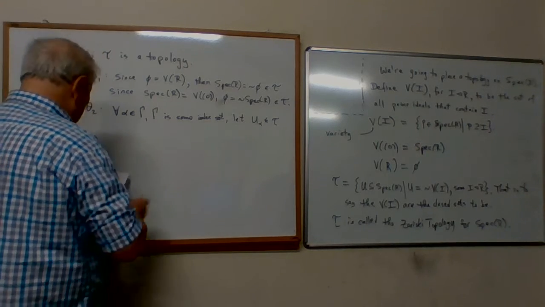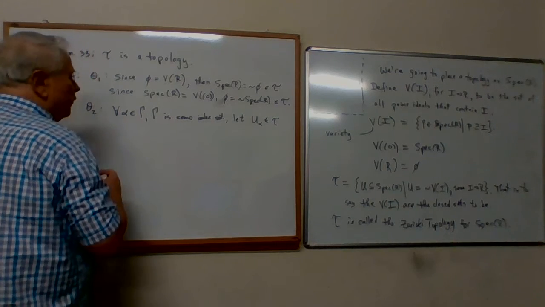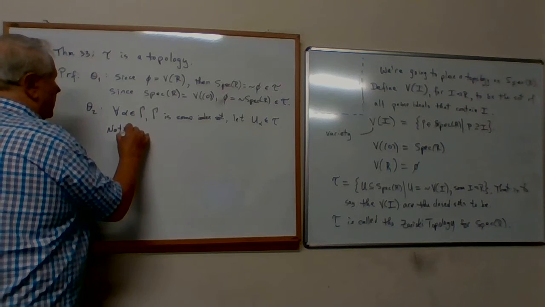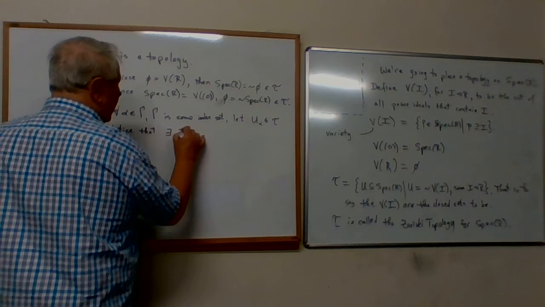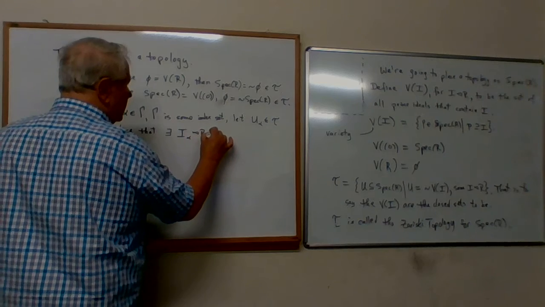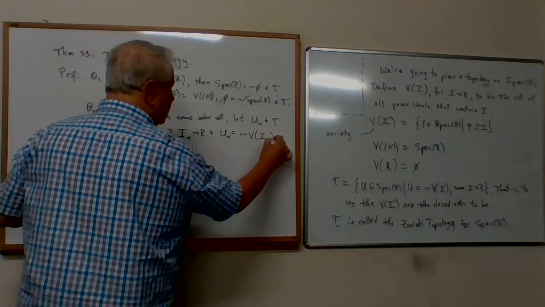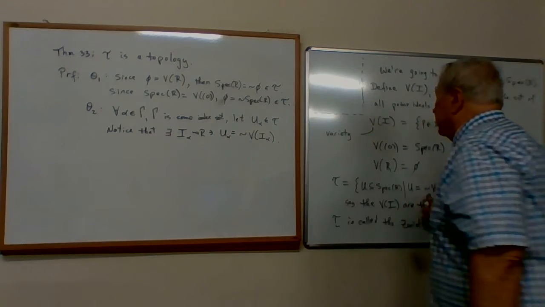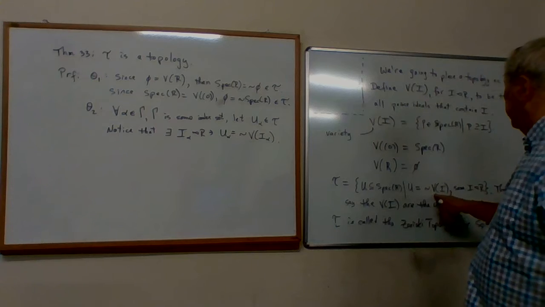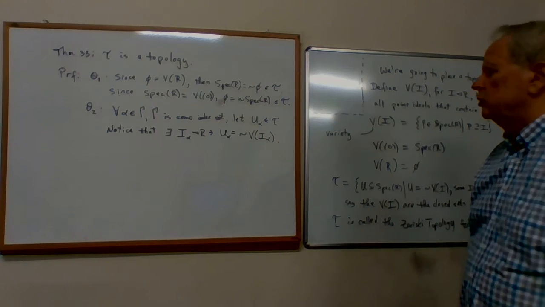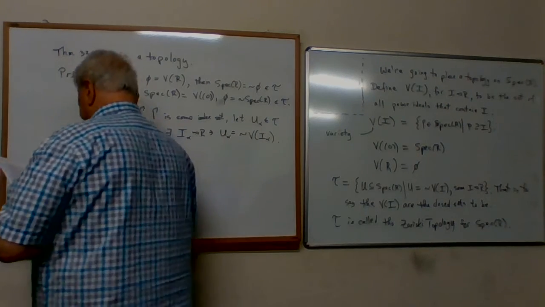How do I get the union of all of those to be in tau? Well, first of all, notice that there exist I sub alpha ideals of R such that U sub alpha is the complement of V of I sub alpha. That's exactly the definition. For each one of the U sub alphas, there's some ideal such that the complement of V of that ideal is the given U sub alpha. So that's just the definition of U sub alpha being in tau. Okay.